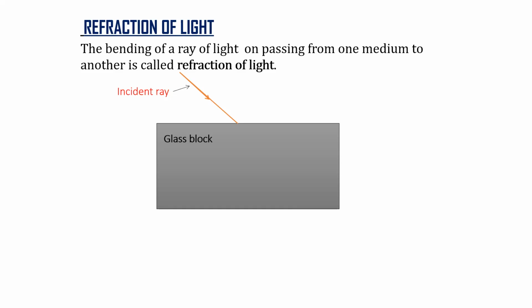In air, the light travels faster, but when the light travels from air to glass, it will slow down. This is an imaginary line which is perpendicular to the surface, called the normal. When the light travels from air to glass, it slows down and bends towards the normal. That is called a refracted ray.